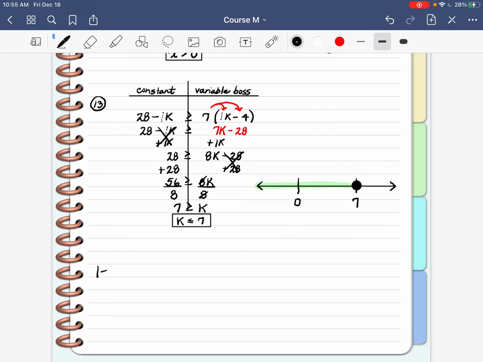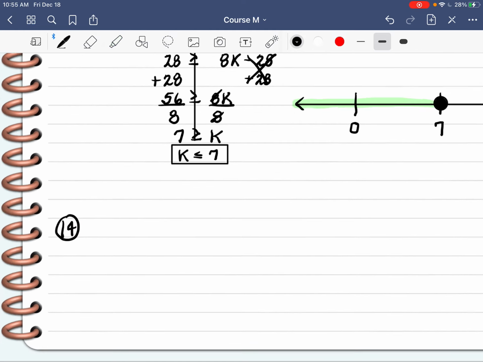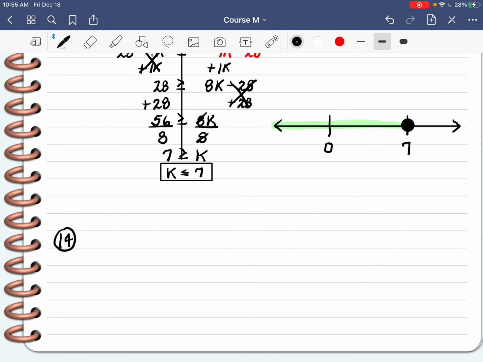All right, number 14. I have negative m minus 4m. And I'll tell you what, with that negative m, I'm going to go ahead and put a ghost 1 in there. You can do what you want. Is greater than negative 10.